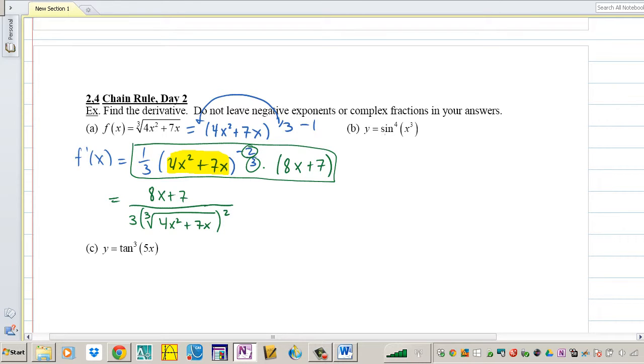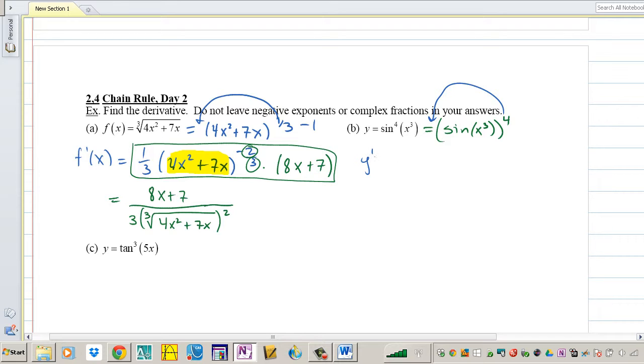Next one. This is a tough one right here. So let's rewrite this as sine x cubed to the fourth. Now let's apply the power rule and the chain rule. So drop the 4.